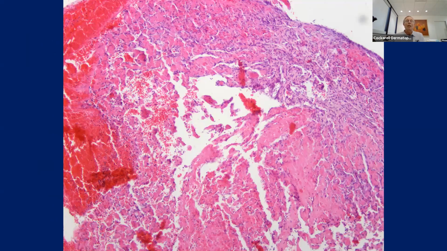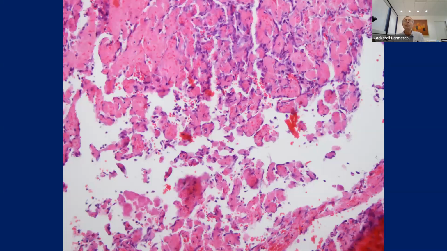Okay. Here we've got a little bit higher magnification view of a lesion. The low power of this view was a round circumscribed lesion in the dermis that had largely kind of been enucleated. Okay. So again, inflammatory or a neoplastic process.